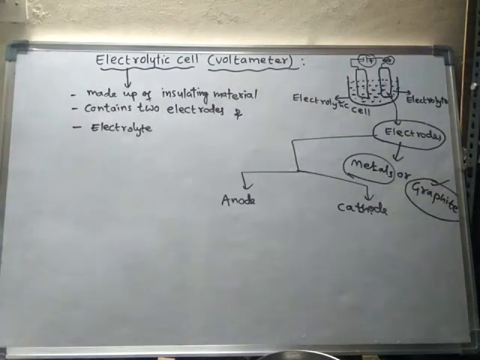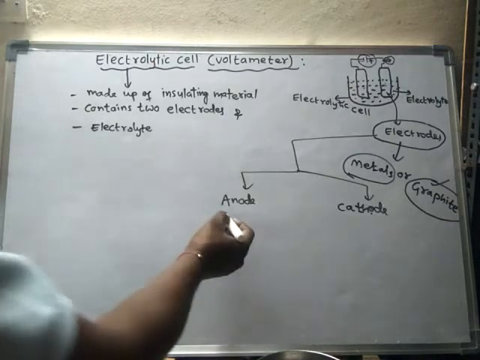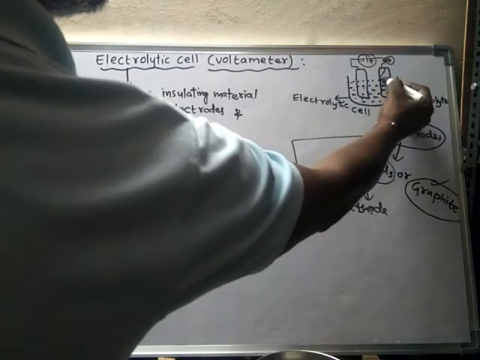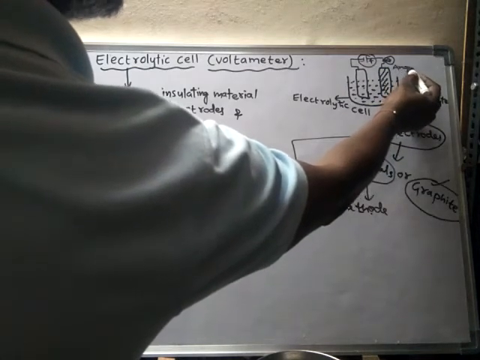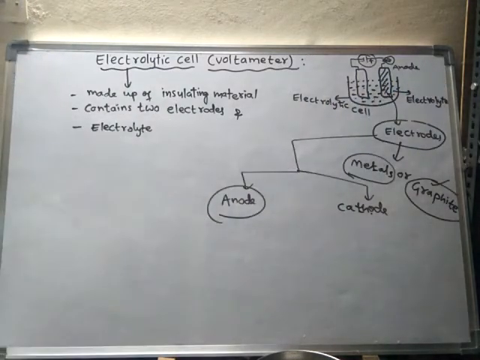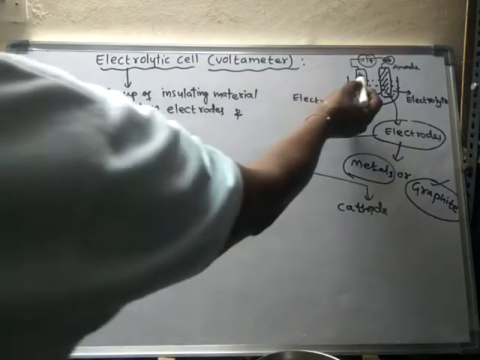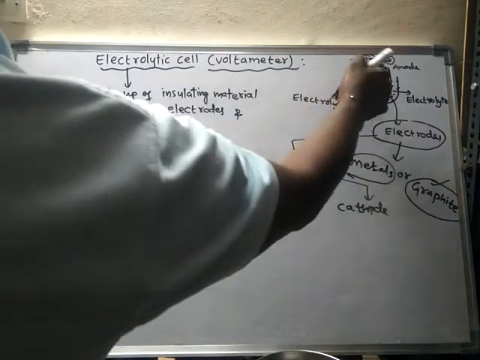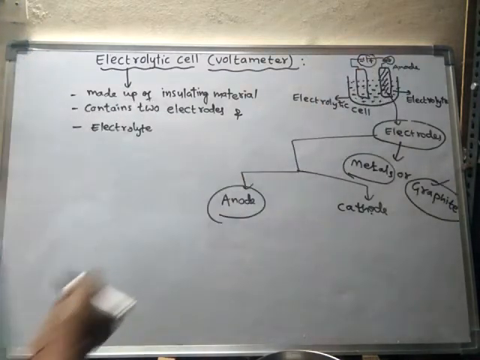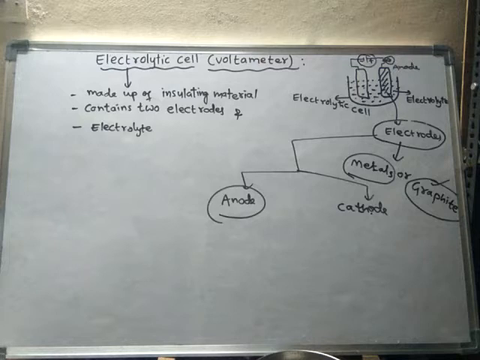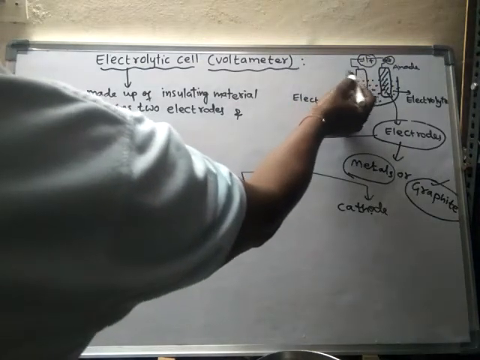So the electrode which is connected to the positive terminal of the battery is said to be anode, and the electrode which is connected to the negative terminal of the battery is said to be cathode. So this electrode is said to be cathode.